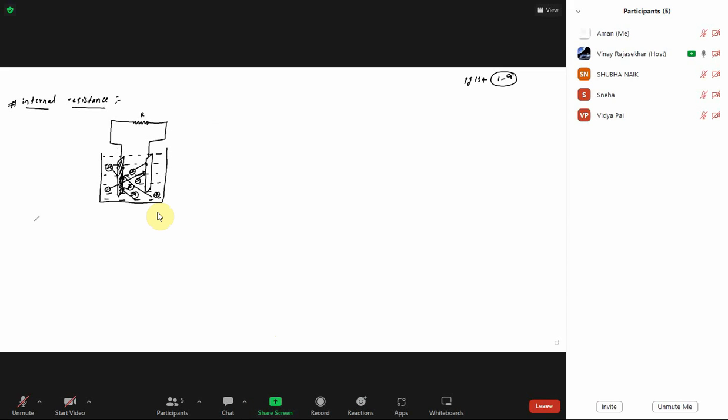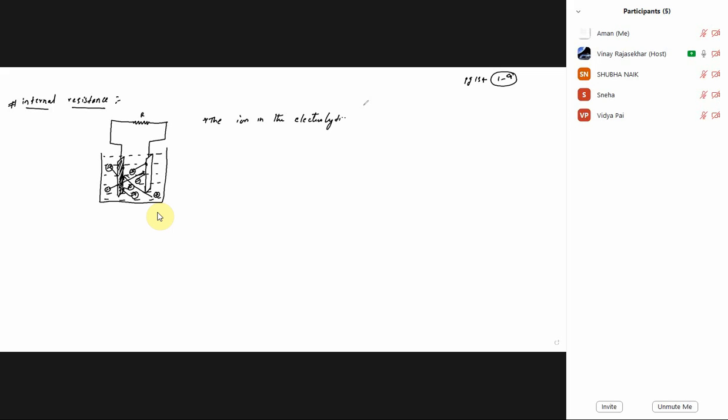Are you clear? Now please remember, the ions in the electrolytic solution move towards the cathode and anode.